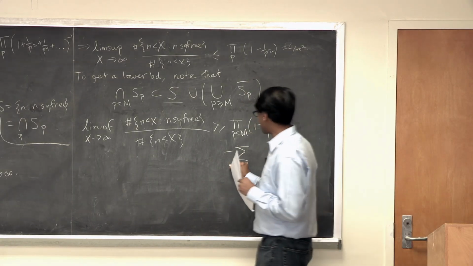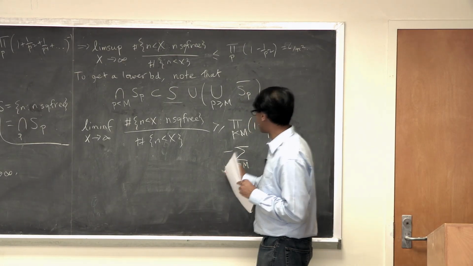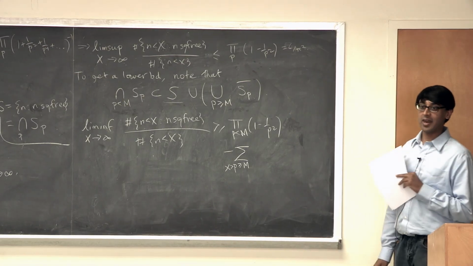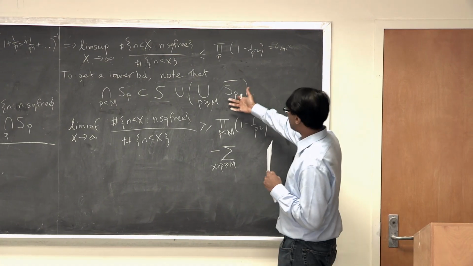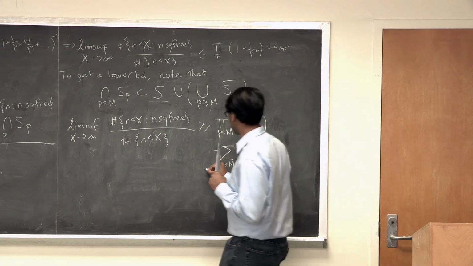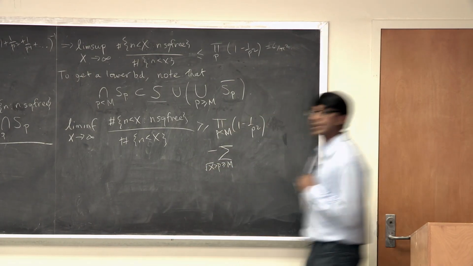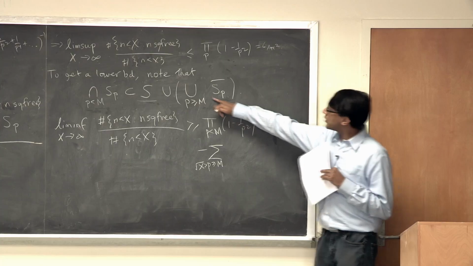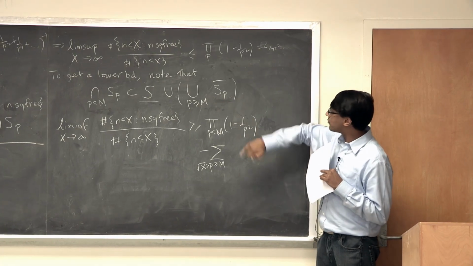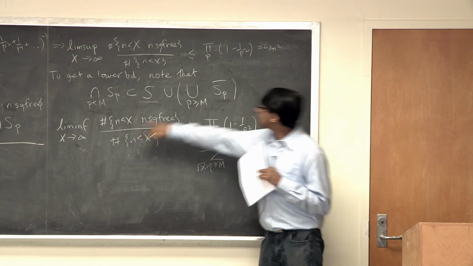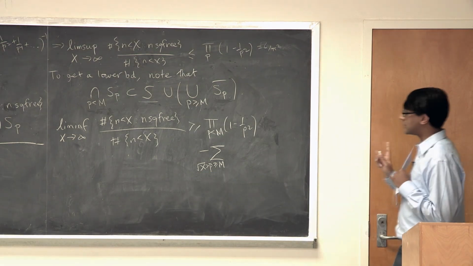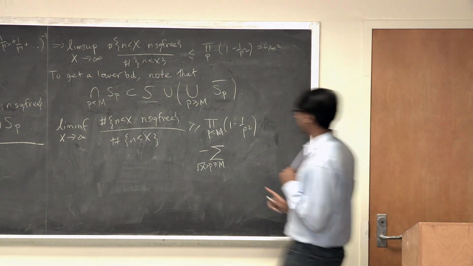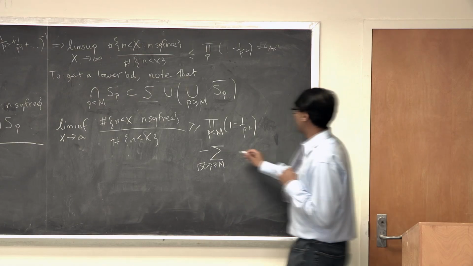That means right away that we only have to consider p that are less than x, although it doesn't matter. If we're only looking at multiples of p squared that are less than x, then we can make p less than root x. We're only counting numbers up to x, so p squared is less than x, p is less than root x. That's significant, though in this particular case it doesn't matter so much.